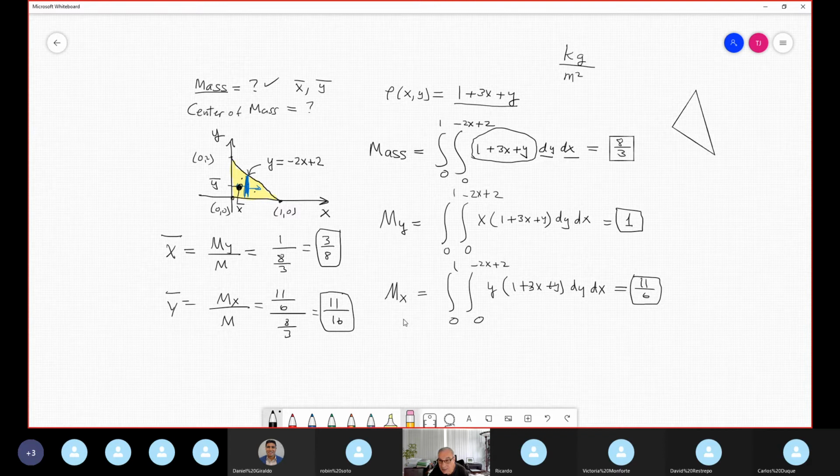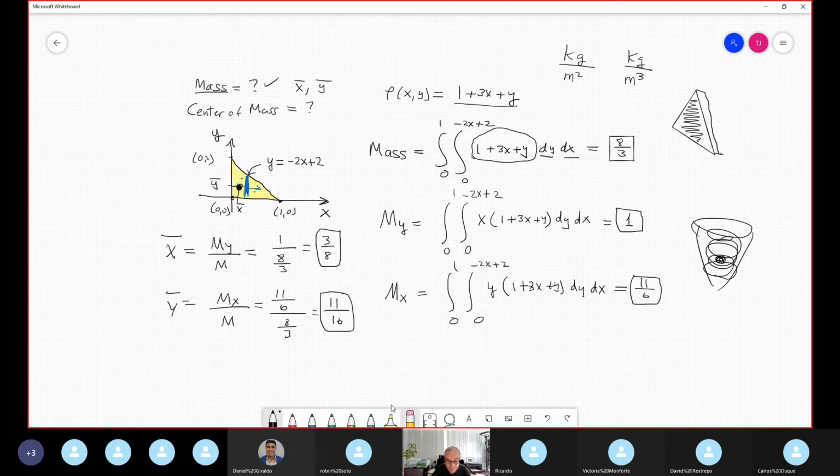So for this lamina, I suppose that the thickness is completely negligible. It's almost zero. Or negligible, not zero, negligible. So the most important piece of information is the area. In the 3-dimension problem, the density is kilogram per cubic meter, because it's a solid. You need to find the center of mass of this solid.